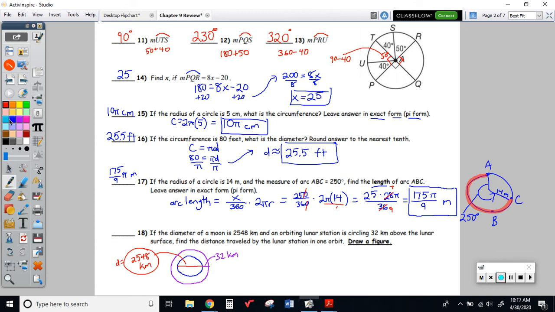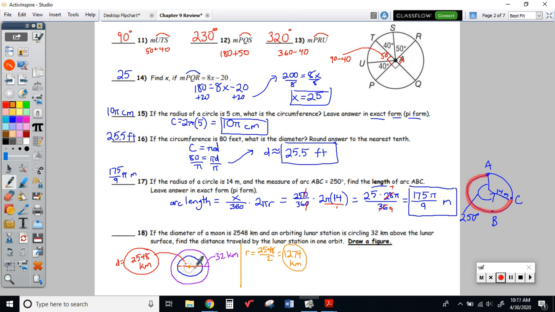So that means the radius, when I do that in orange, the radius of the moon would be 2548 divided by 2. 2548 divided by 2 is 1274. So you'd have that many kilometers for your radius.